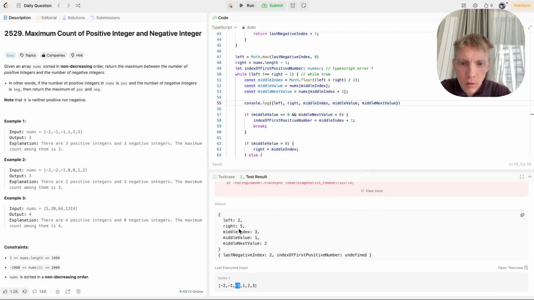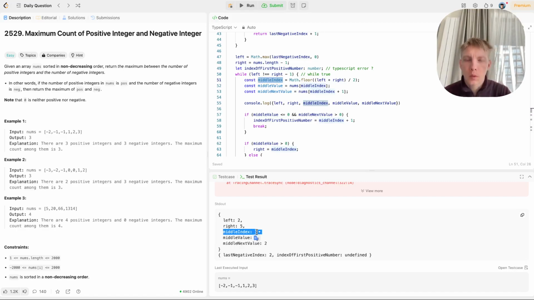Right 5, 3, 4, 5, yes. Left index, middle index would be 5 plus 2 divided by 2, 3.5. Middle index would be 3.